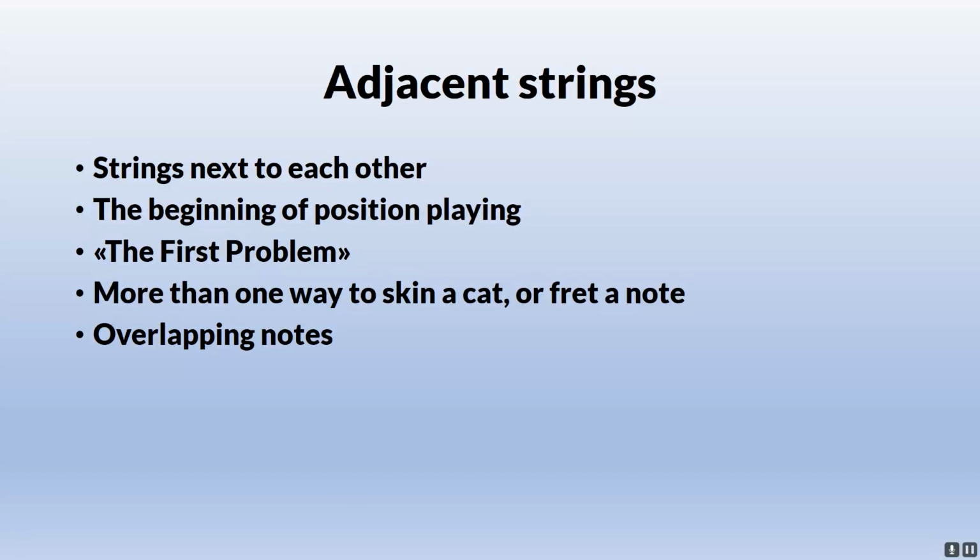And then you have adjacent strings, strings that are next to each other. There are 5 combinations, and this is just the beginning of positional playing. And here we come to the first problem with the guitar, is that there is more than one way to fret a note. There are some overlapping notes, and this could be a problem.